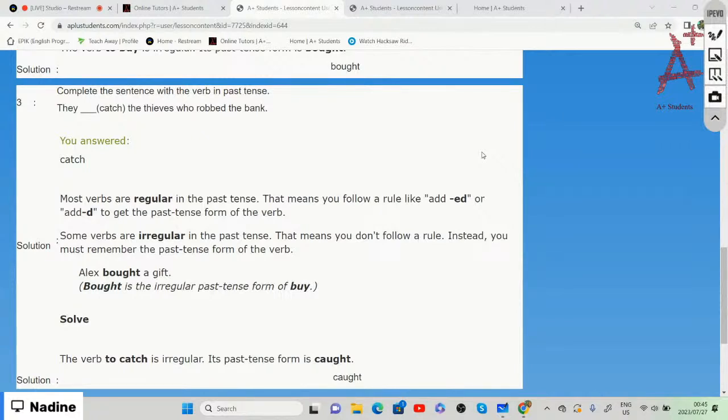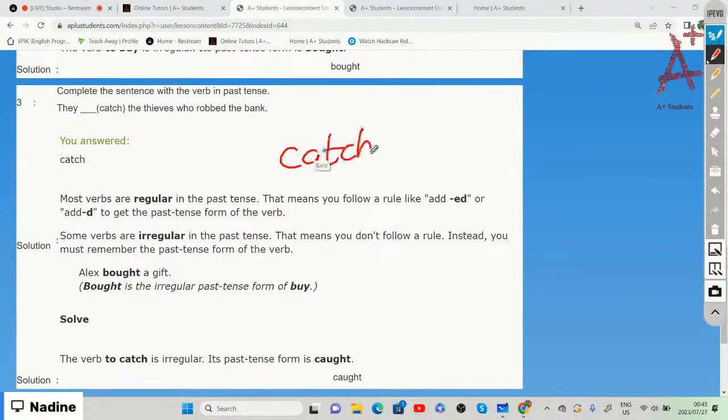Catch is irregular, and the irregular past tense form of catch is caught. They caught the thieves who robbed the bank.